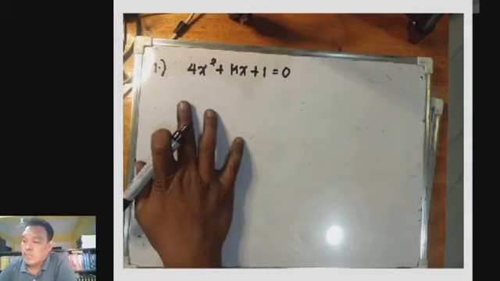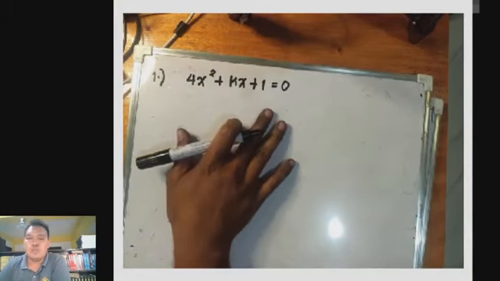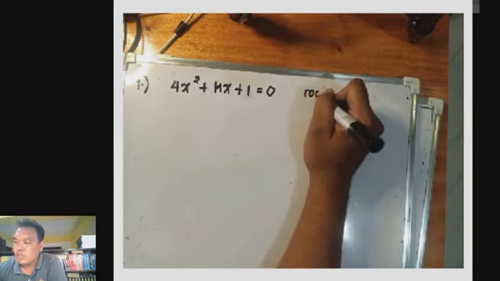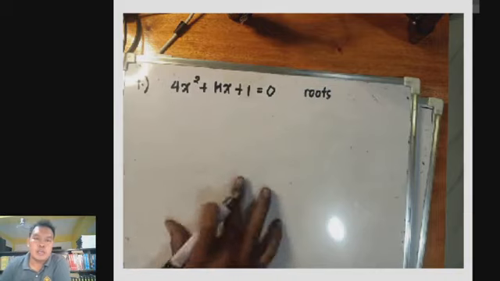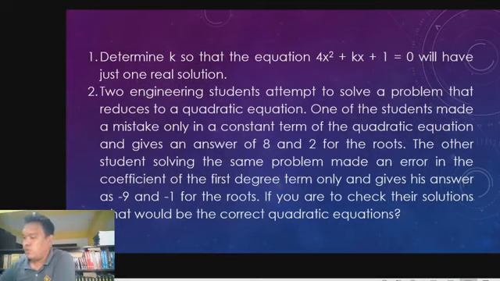Okay, so dito daw we have 4x squared plus kx plus 1 is equal to 0. Tapos sinabi doon, roots has one real solution daw. Have just one real solution.